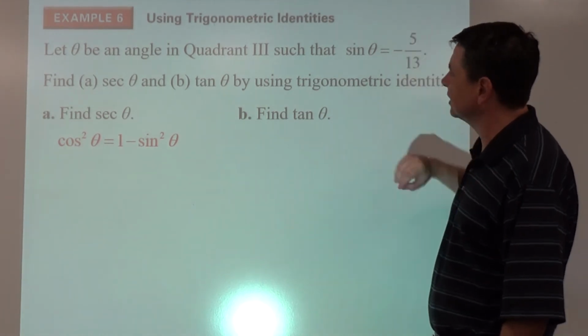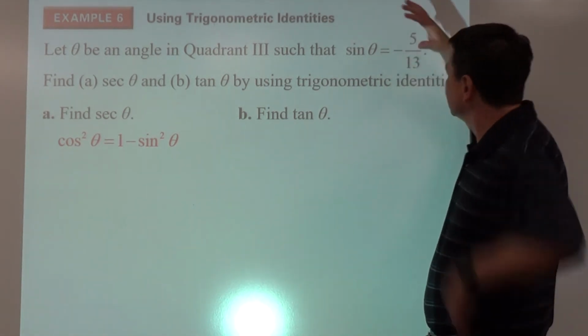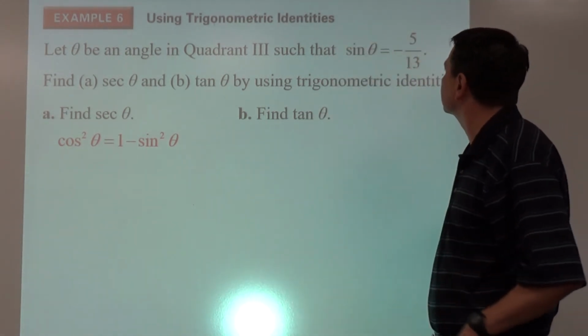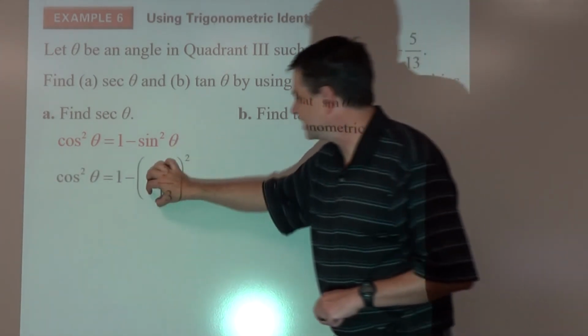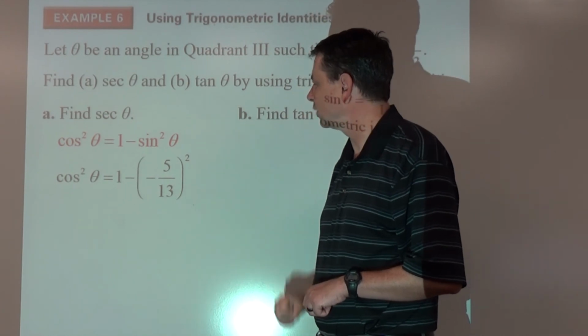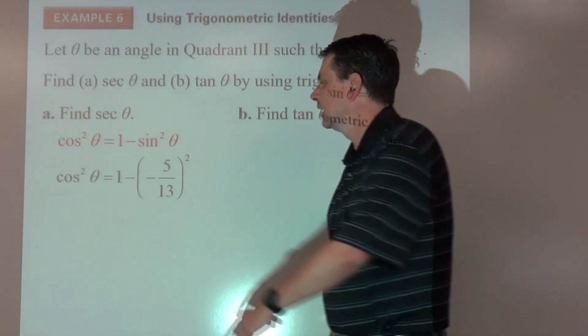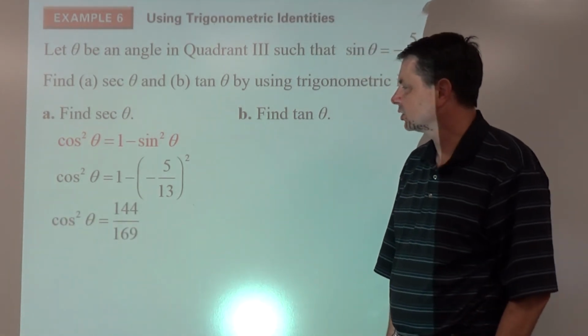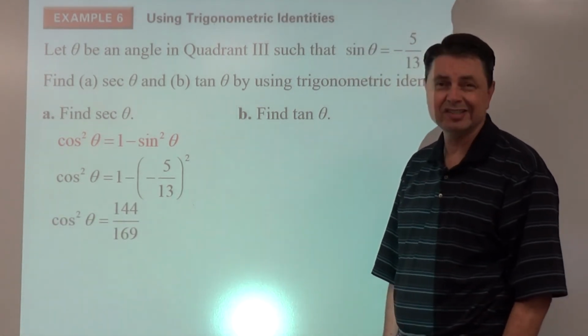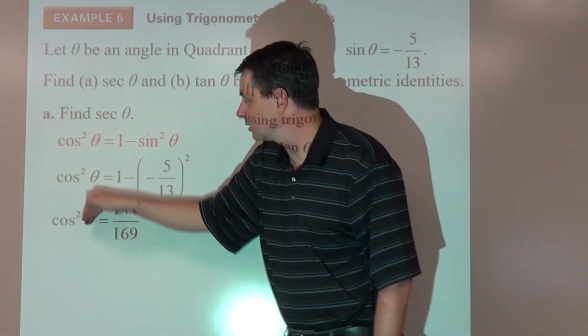Plug this in there: 1 minus parentheses negative 5 over 13 squared. In which case we get positive here, 25 over 169. And this becomes 169 over 169. So we get 144 over 169 for cosine squared theta.